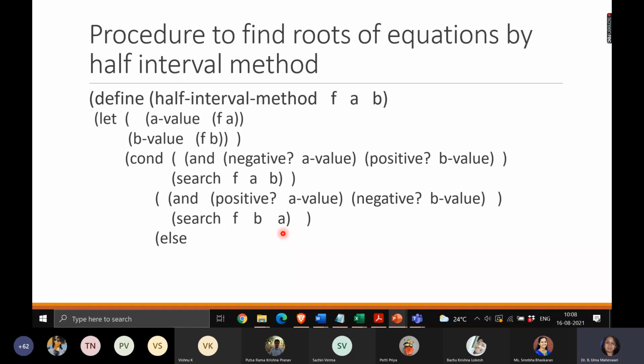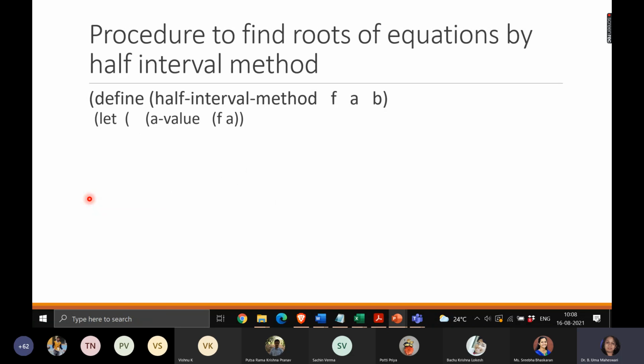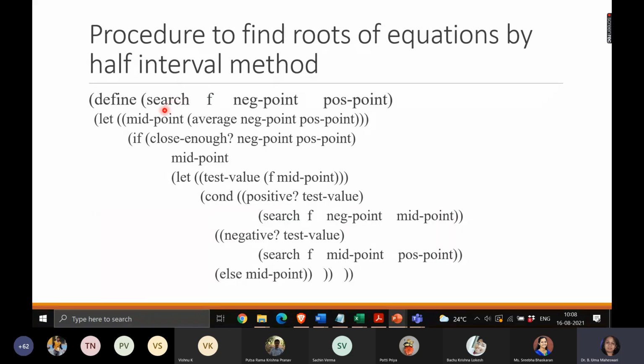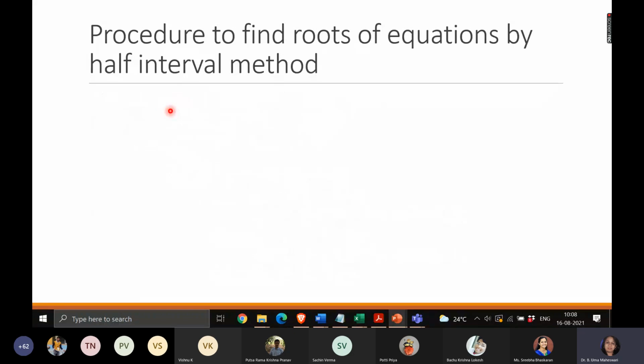After all, we are going to use the search function, but we have done some kind of testing, so nowhere should it go wrong. It should work. I have to write a generalized procedure. It has to work for all the cases. So here I am calling the previous search that I have written. This is the one we are calling over here.